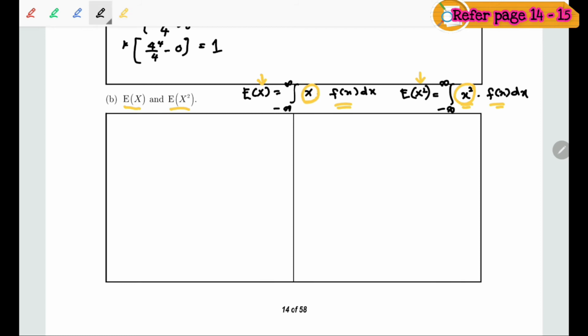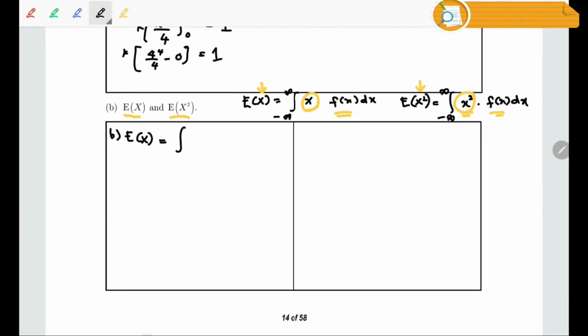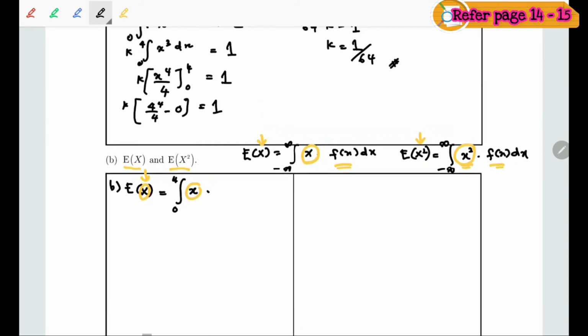Okay, so continuing with the question, example 6 part B. We are going to find the expected value of x. So E(x) equals the integration from the lowest limit, which is 0, to the uppermost limit, which is 4. Then we multiply by x, since we are finding the expected value of x, with the function f(x).